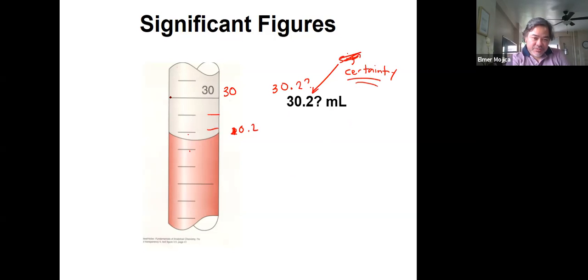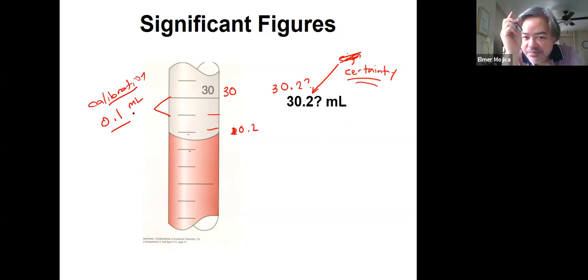Why? Because you have this calibration. The calibration of the measurement is 0.1 ml. So how do you define calibration? That's the smallest unit that you can measure based on the experiment. But as I said in the previous slide, all the figures known with certainty plus one extra figure.